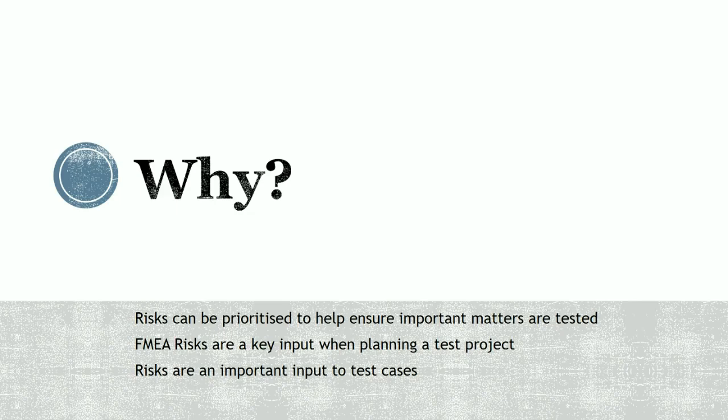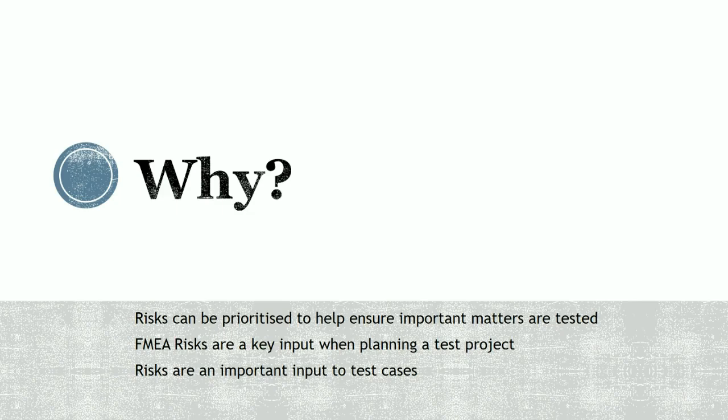One of the things that you'll learn in lecture is that a test project cannot test everything. There are constraints. There are constraints on time, there are constraints on resources, including people and money. So the FMEA helps put the risks in a single location and prioritise them, put them in an importance level.